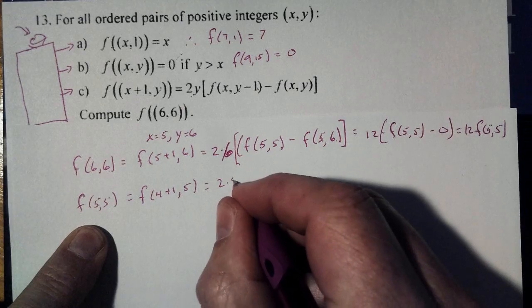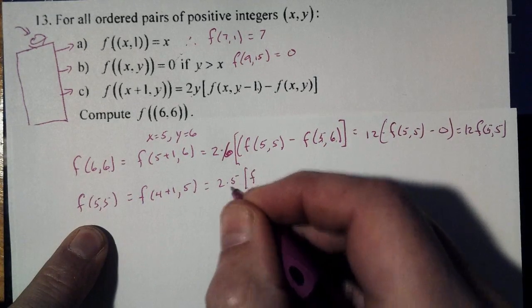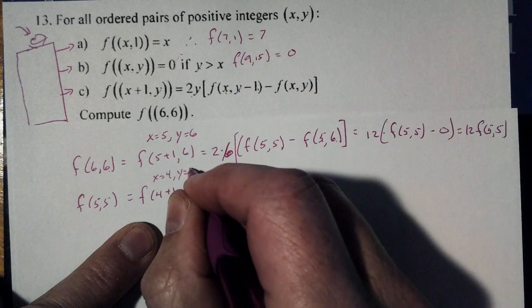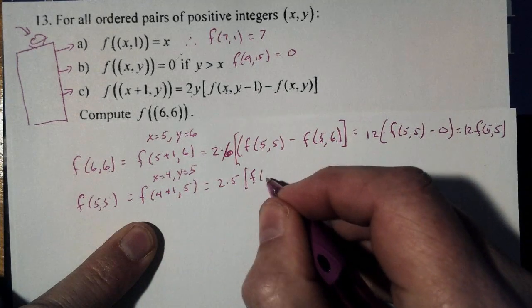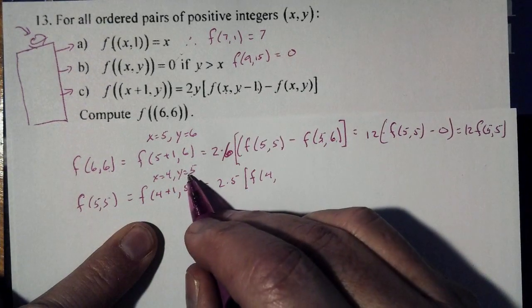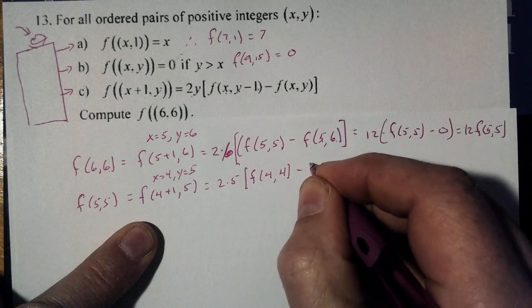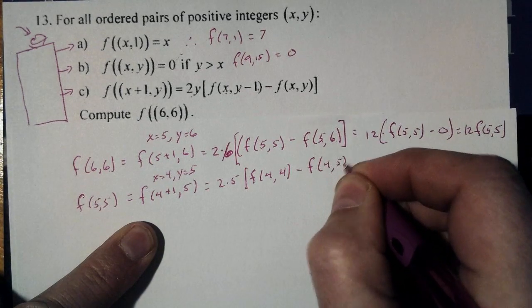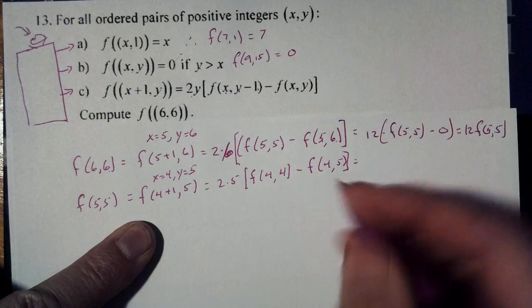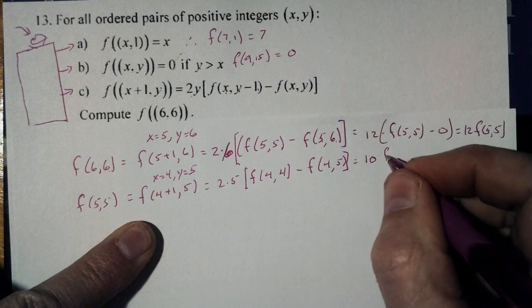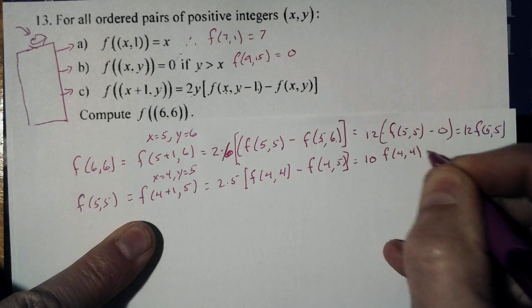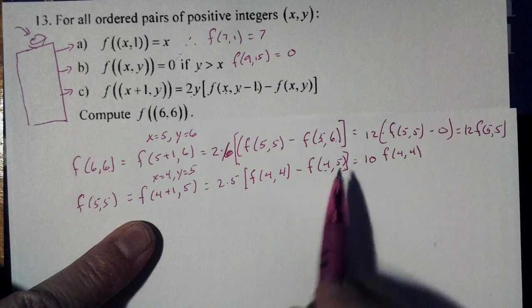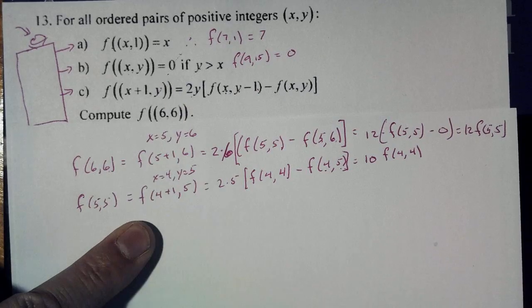That gives me 2 times the Y value 5 times F of the X value 4, Y reduced by 1, 5 minus 1, 4, minus F of X 4, Y 5, and we get 2 times 5, 10, times F of 4, 4, but F of 4, 5 is 0, getting treated with B.